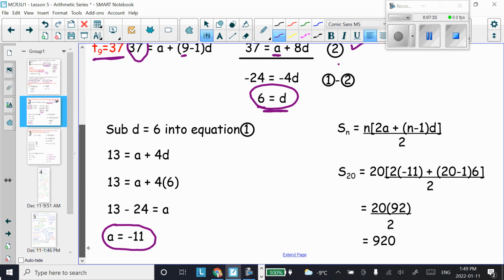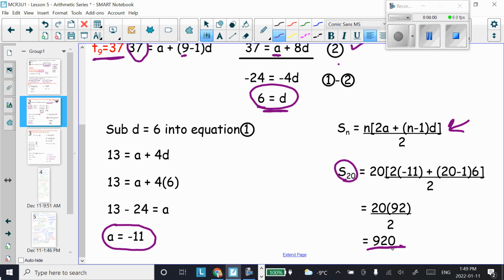So to find the sum of the first 20 terms, so S20, we want to use our sum formula. And we have our a and we have our d. And we also have n, because we're looking for the sum of the first 20 terms. Plug them into the equation, and you should get that the sum is equal to 920.